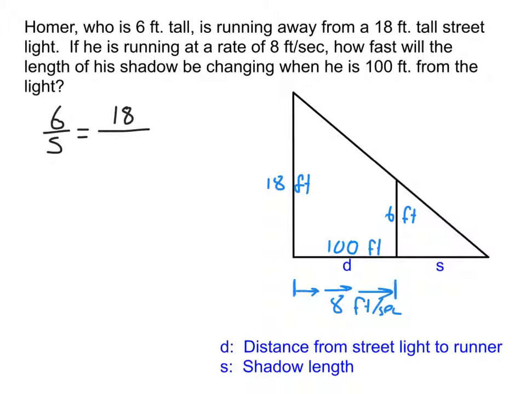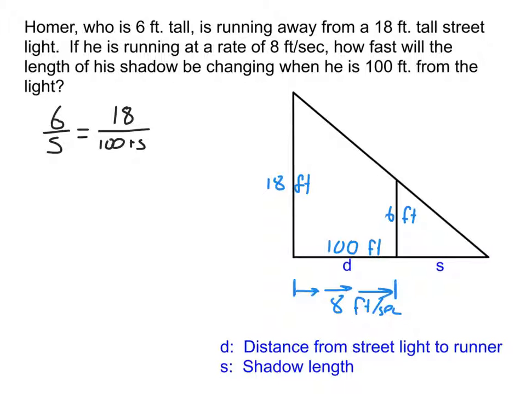Now, let's be careful here. What is the width of this? We're looking at the width of the big triangle. It is not 100. It's 100 plus s. Now, this is technically really all we have to do in order to now be able to find the derivative and get a derivative with respect to the time.